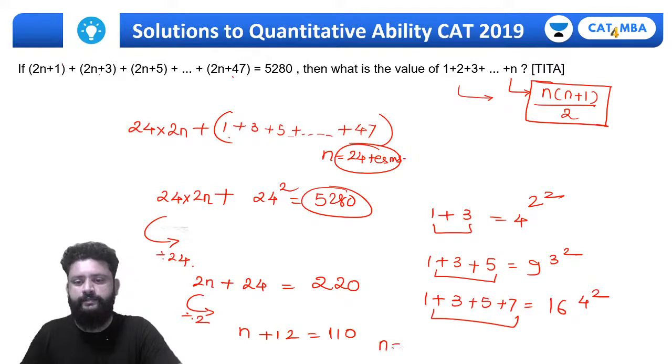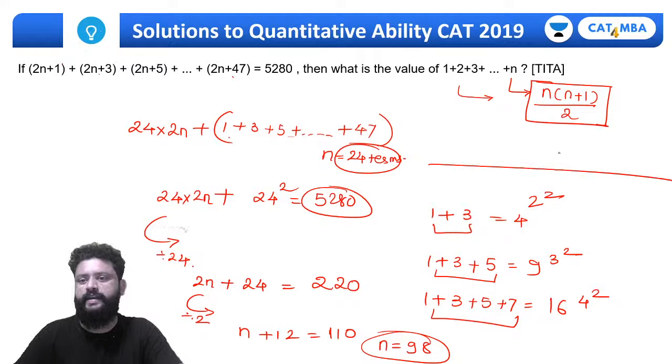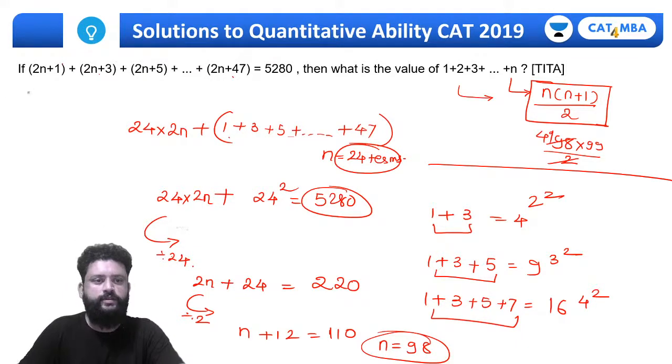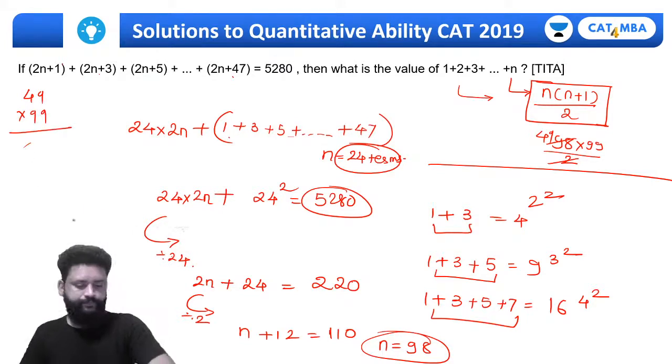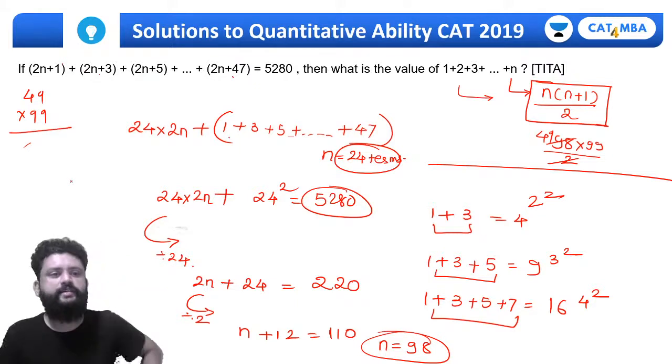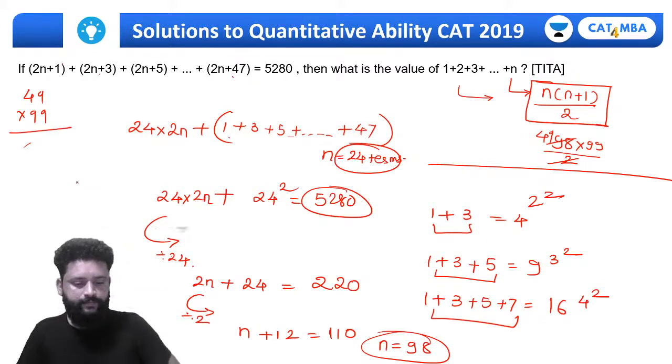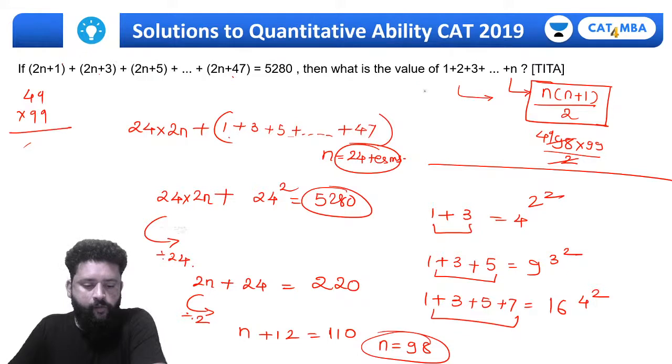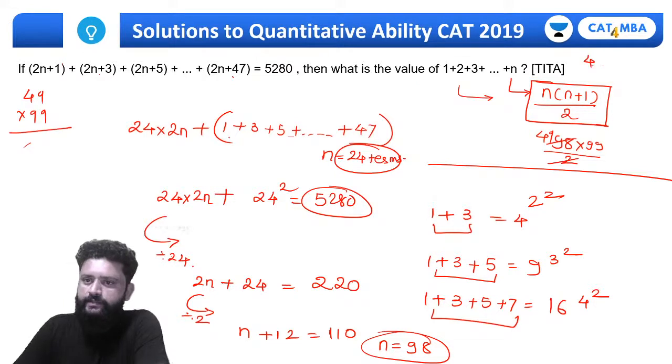What value of n are we getting? 98, so the final answer must be 98 into 99 divided by 2, 49 into 99. So 49 into 99 will be 49 less than 4900. That is 4851. That's a simple calculation, I guess.